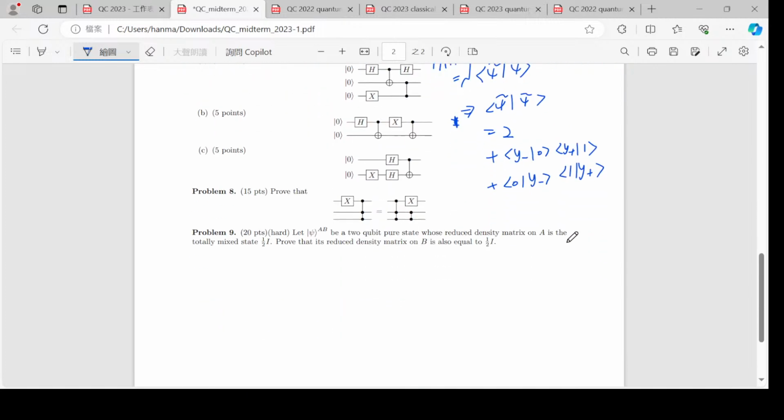So this is actually 2 plus twice the real part of this thing, 0 y minus and 1 y plus.